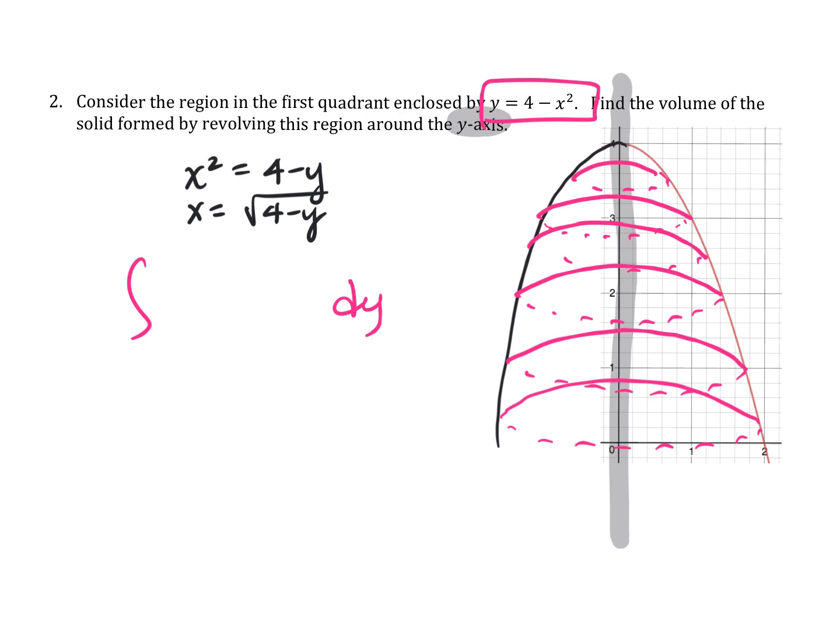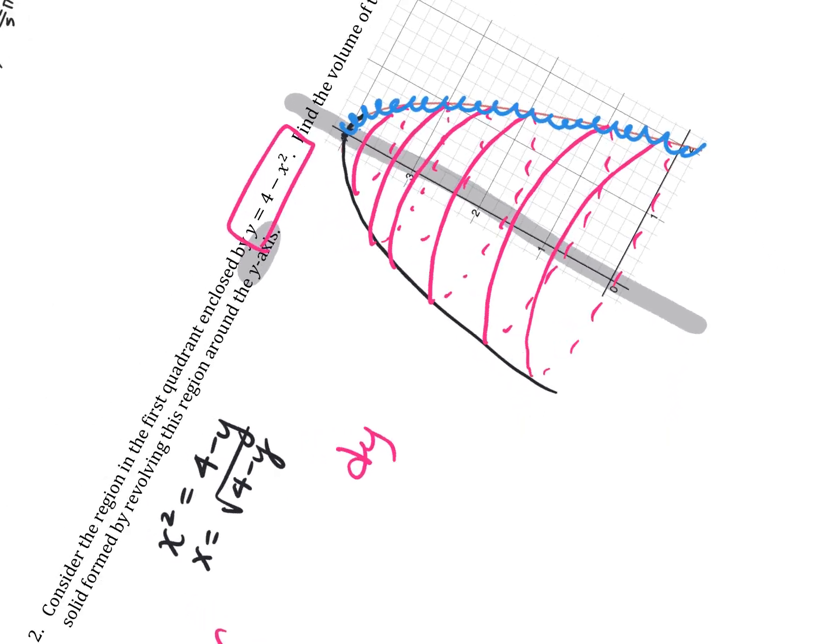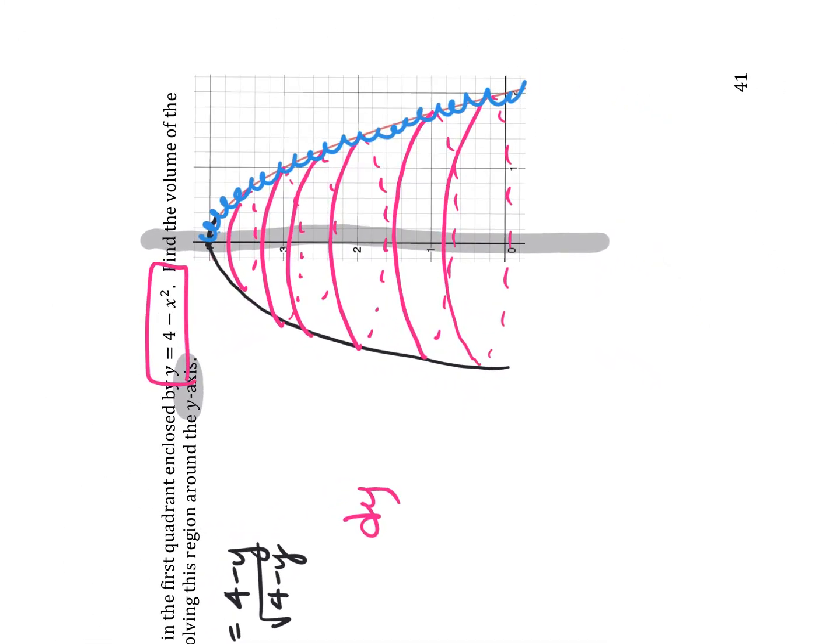You guys, this function right here, I'm going to put it in blue. This function is not only 4 minus x squared, it's also root 4 minus y. It's the exact same thing. But when I'm looking at it like this, I want you to think about it as root 4 minus y.